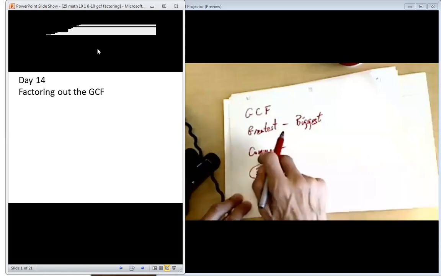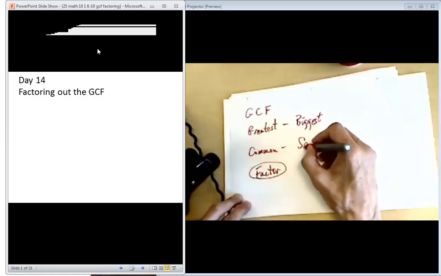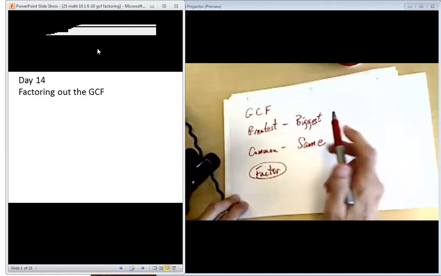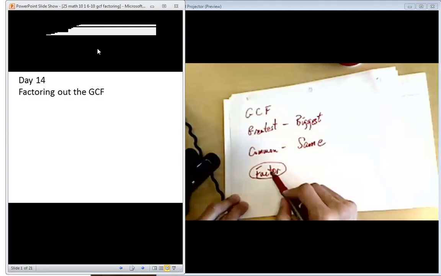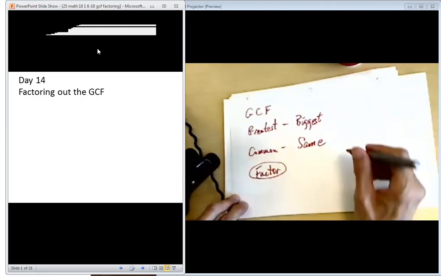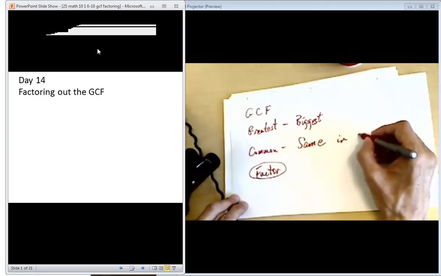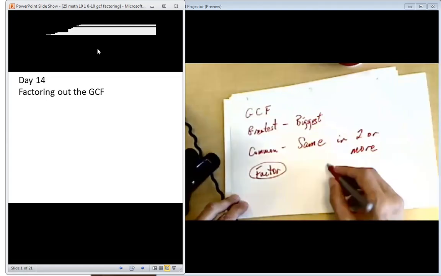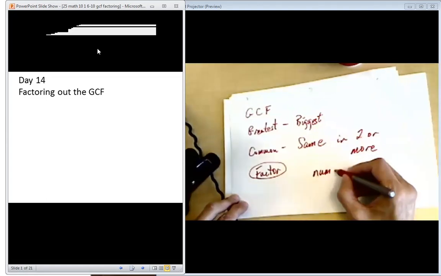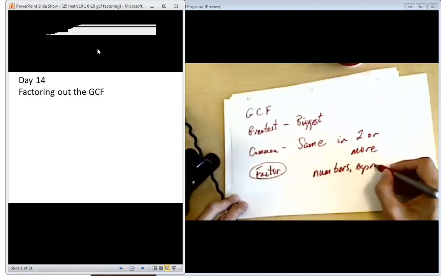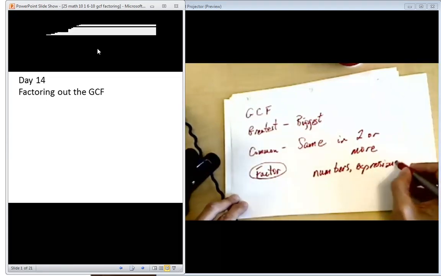Common is another word for the same. So you will see a factor be the same in two or more different situations. You might be given numbers, or you might be given expressions to work with.